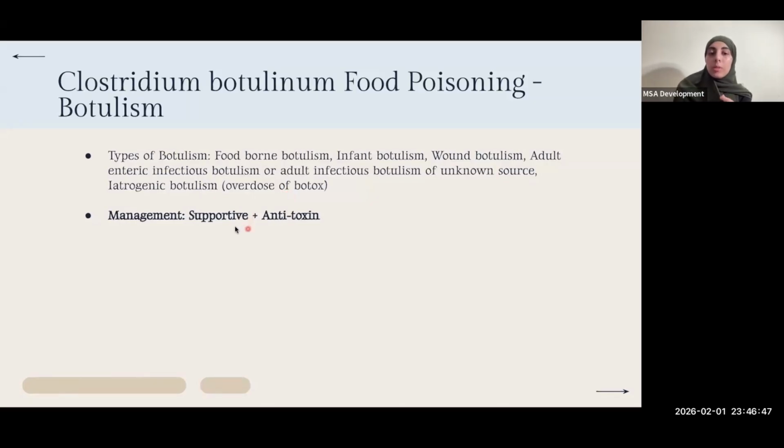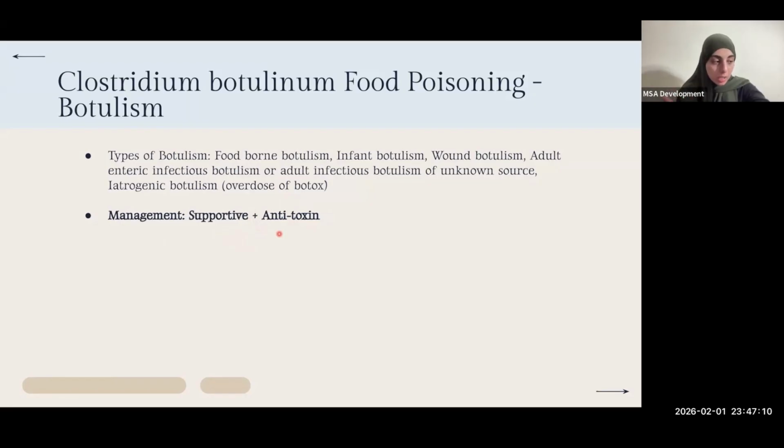How do you manage botulism? Supportive therapy is key, and you can give antitoxin. The key with antitoxin is that it does not reverse what already happened. Okay, if someone has botulism and the toxin is preventing the release of acetylcholine, everything that it did so far cannot be reversed.